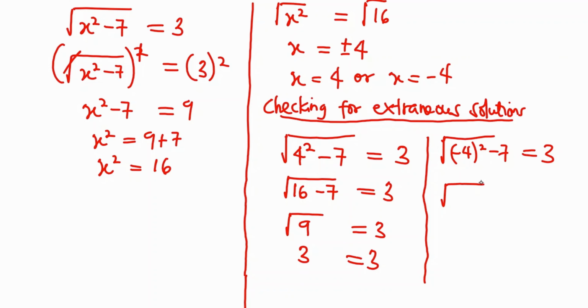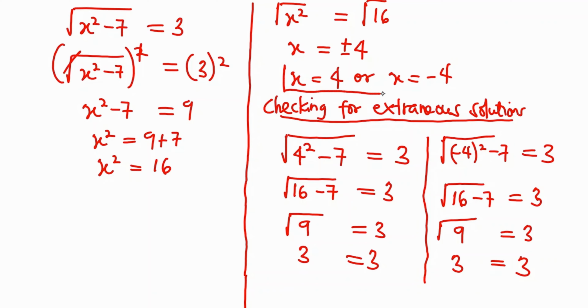Minus 4 all squared gives us 16, and then we have minus 7, which gives us 9, that is square root of 9. We want to find out if you get 3 here, and square root of 9 is 3. So that is true. Therefore we can say that there are no extraneous solutions here, and indeed the answers x is equal to 4 or x is equal to negative 4 are valid solutions to the question.